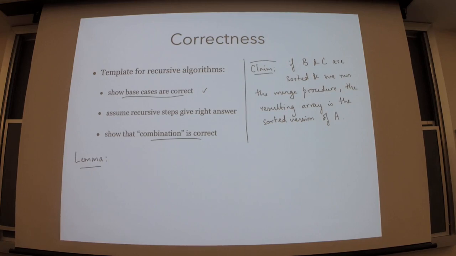Just for being very formal, we'll have two lemmas. The first lemma says that all the elements of B union C appear in A. And lemma 2 will say that elements in A will all be inserted in increasing order.